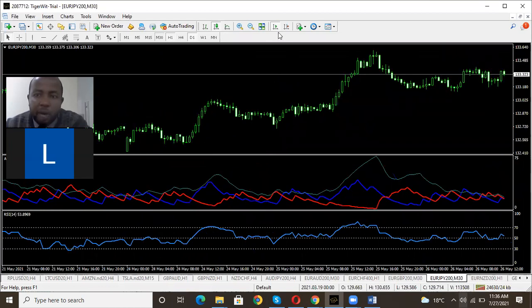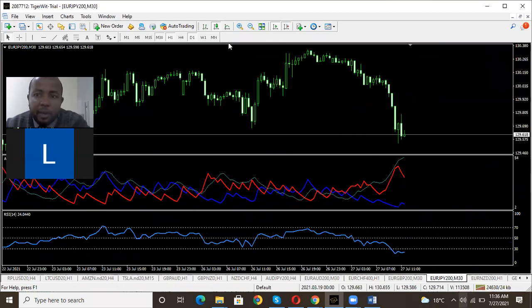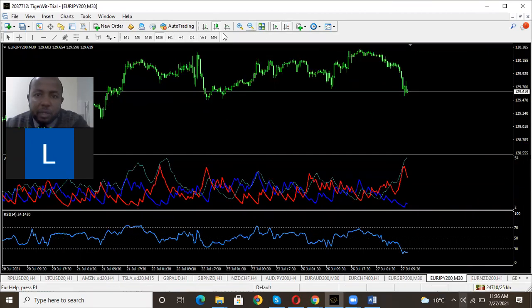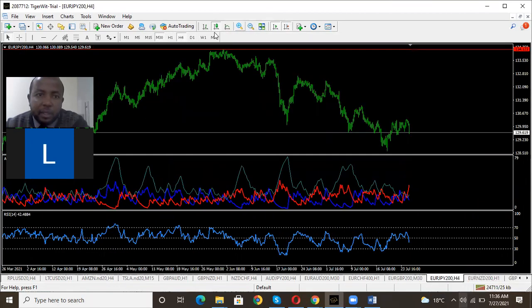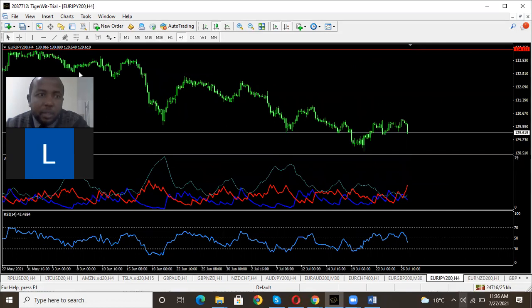So let me zoom out so that I draw my trend line. I can see there was a trend line here, from here all the way here. Guys, you can see that was a strong trend line. You can see there was also another strong trend line here. So this is on 4 hours.